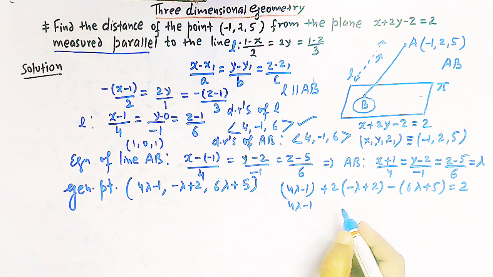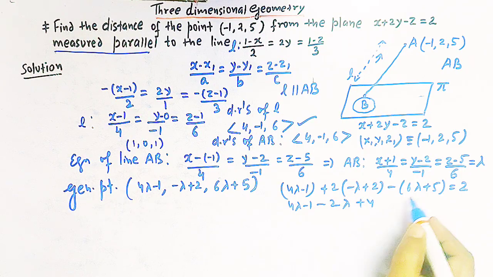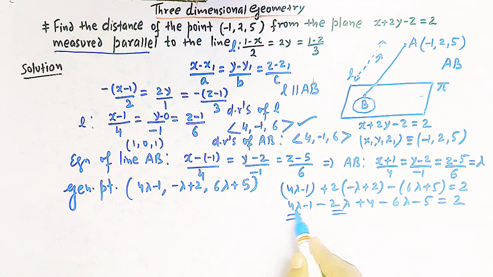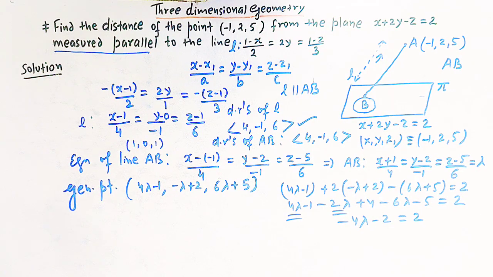So we have 4 lambda minus 1, from here minus 2 lambda plus 4, then minus 6 lambda minus 5 is equal to 2. Now 4 minus 2 is 2 and 2 minus 6 is minus 4. So here we have minus 4 lambda and here we have 4 minus 1 is 3 and 3 minus 5 is minus 2 and here we have 2.